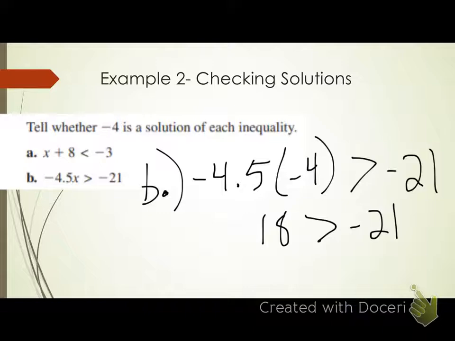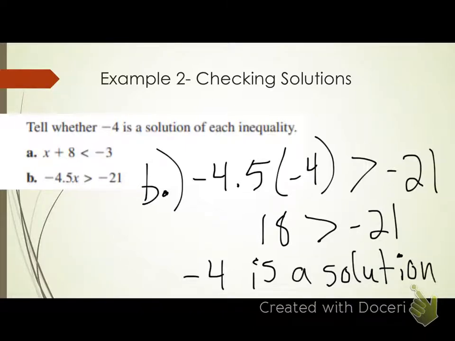So I'm asking myself, is 18 greater than negative 21 a true statement? 18 is indeed greater than negative 21, so negative 4 is a solution for letter B. So if you plug it in, you get a true statement. That number is a solution for that inequality.